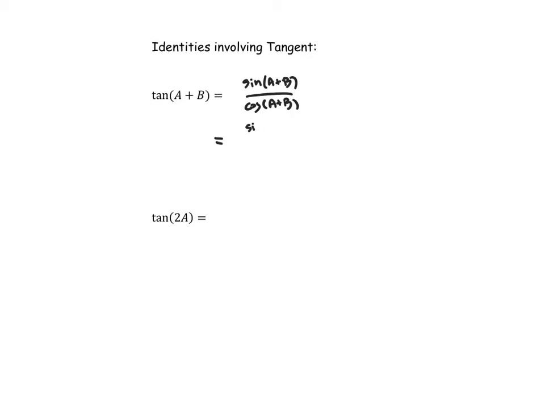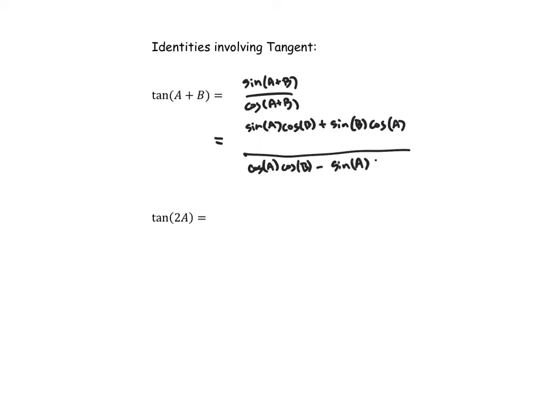Sine of a plus b is sine of a cosine of b plus sine of b cosine of a. I'm going to leave a little space here, and you'll see why in just a second. Cosine of a plus b is cosine a cosine b minus sine a sine b.